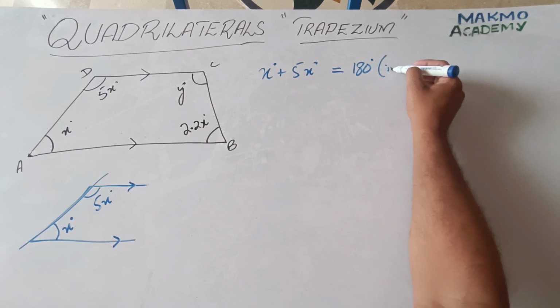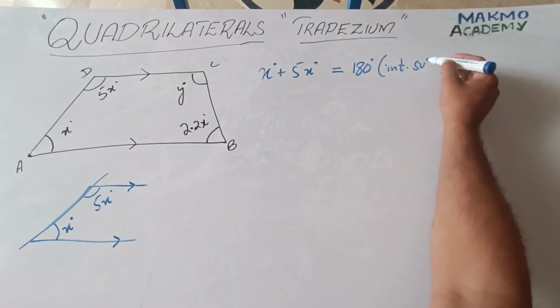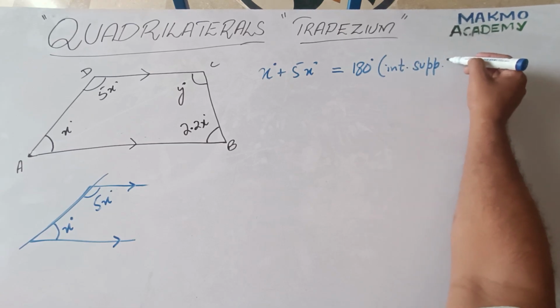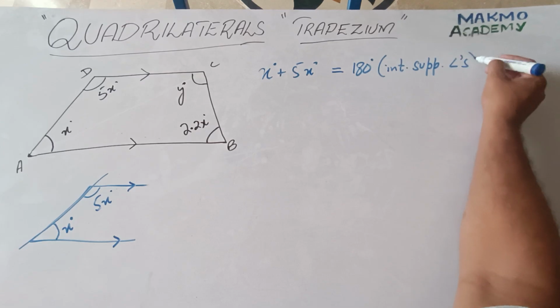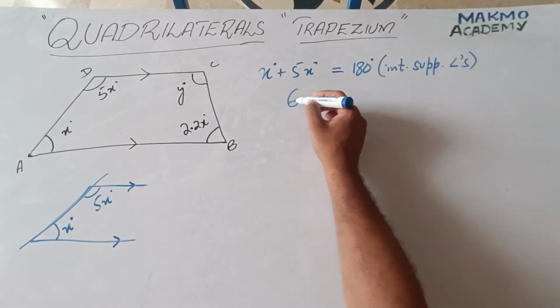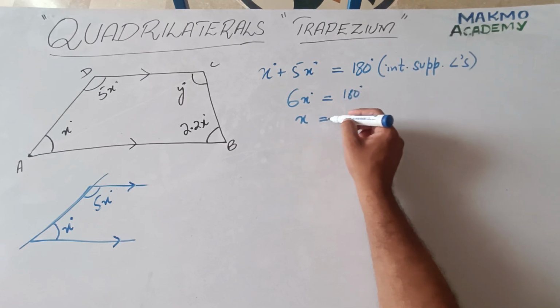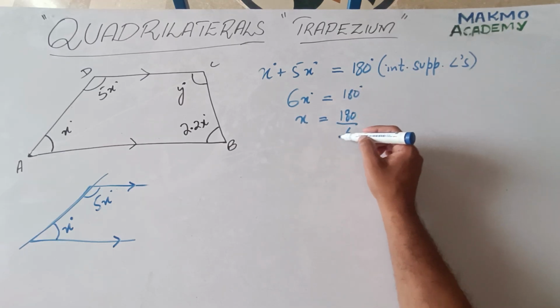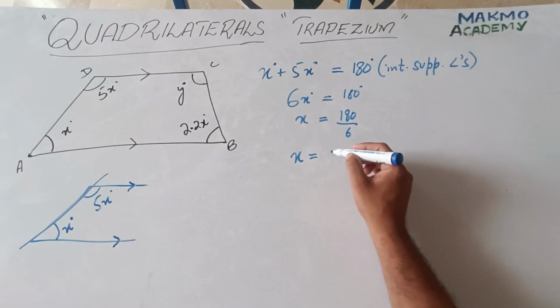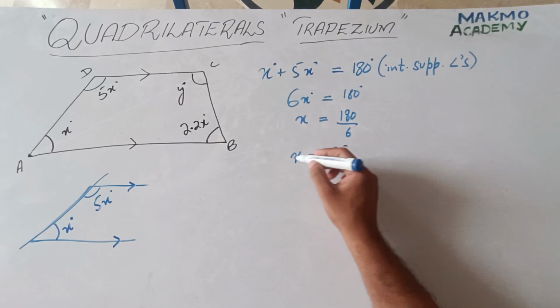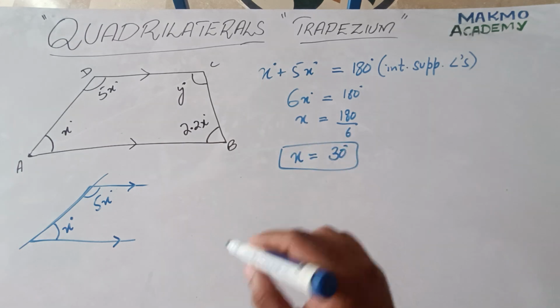What would be the reason? Interior supplementary angles. So 5x plus x gives us 6x is equal to 180. Then x is equal to 180 divided by 6. x is equal to 30 degrees. So this is how we can find out the value of the unknown.